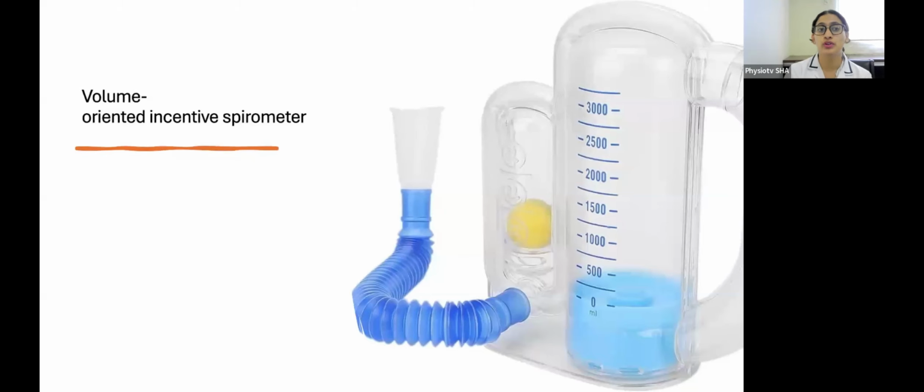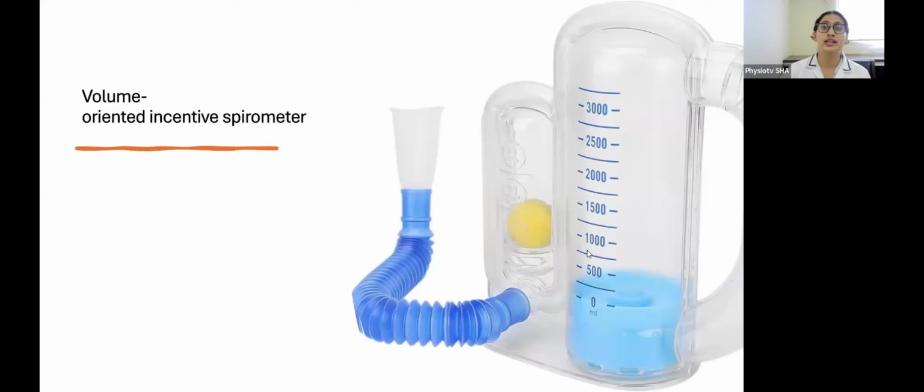Coming to volume-oriented incentive spirometers. Unlike the first one, this is majorly based on the volume of air that the patient is able to inspire. If you can see here, the blue colored indicator rises up when the patient takes a deep breath in, which is slow, and sustains it. This indicates how much the patient's effort is.